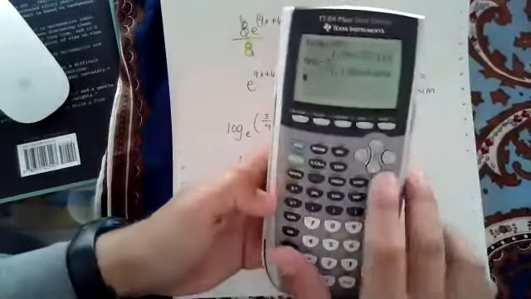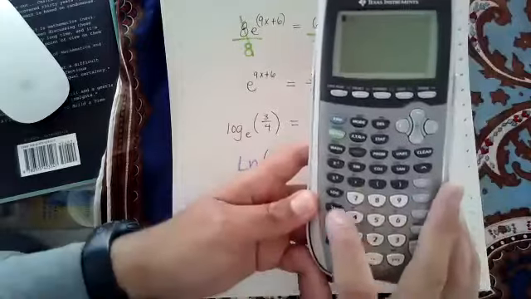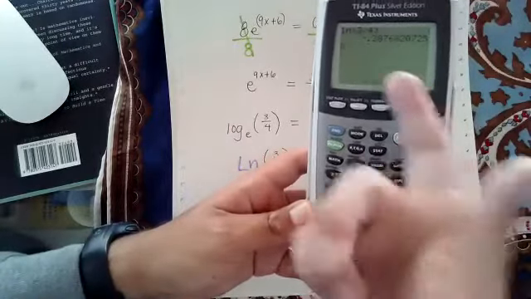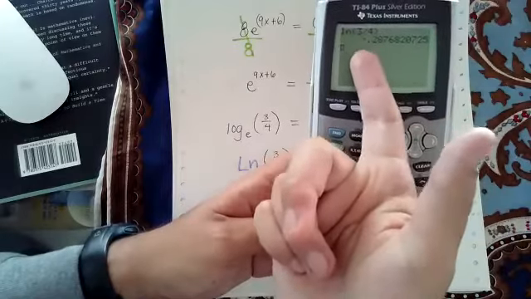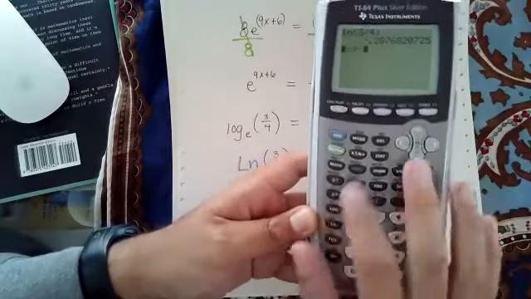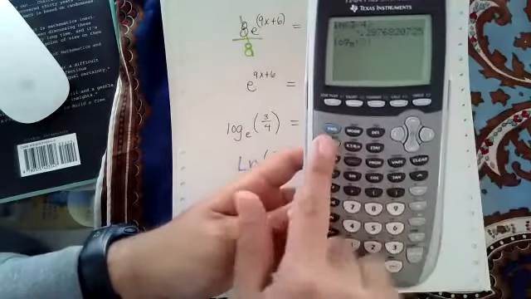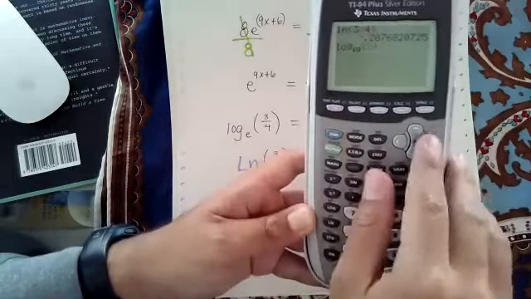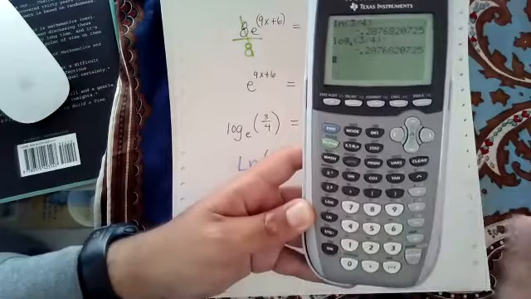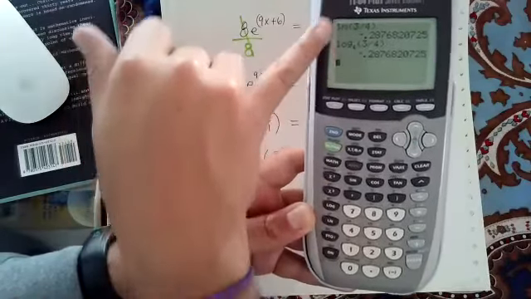So just to show you guys, natural logarithm of 3/4, you get this negative number, negative 0.287, blah, blah, blah. Or if you had done log base, and you would put e for that base and 3/4 as your argument, you get the same thing. Again, natural log and log base e are the same.